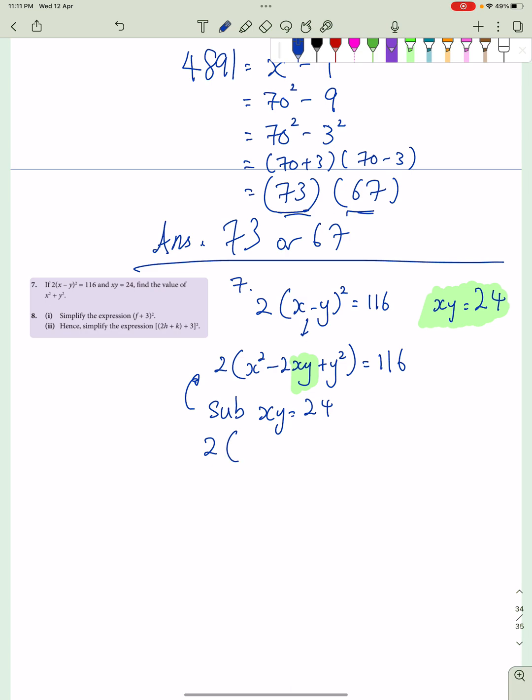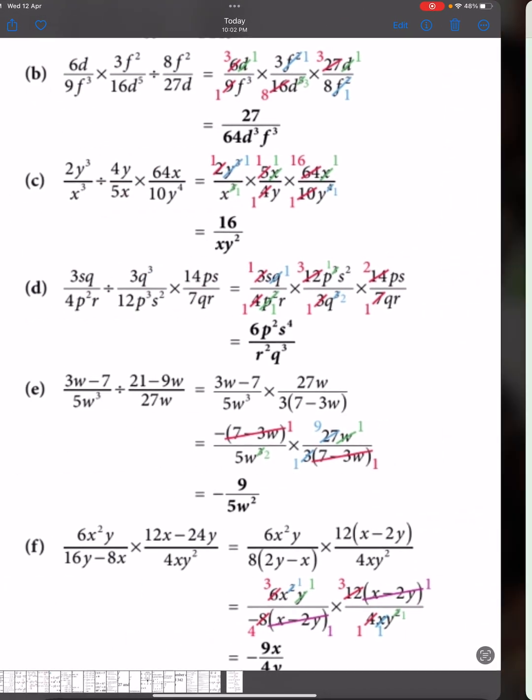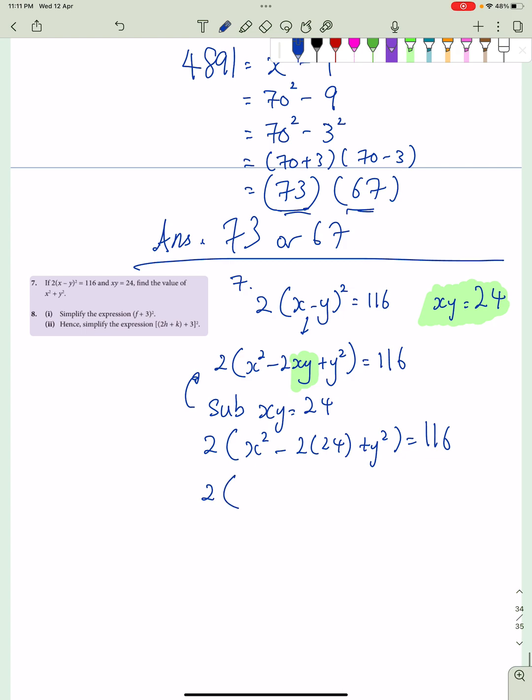So 2 times of x squared minus this plus y squared equals 116. If I work this further, I probably will get 2 times of, say, x squared minus 48 plus y squared equals 116.